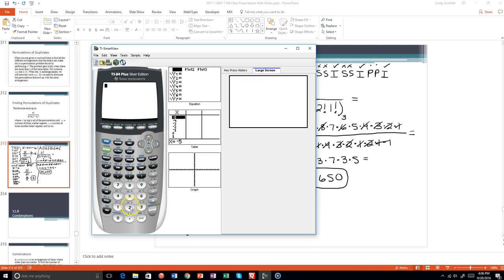Okay, let's go ahead and do 11 factorial divided by parentheses 4 factorial and another 4 factorial.